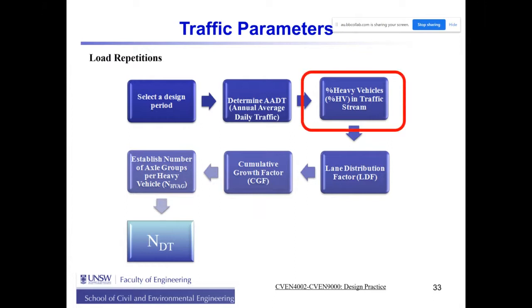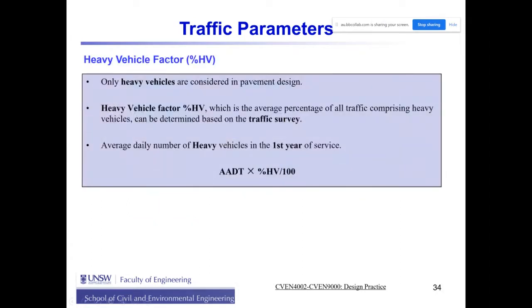After this, we need to determine the percentage of the heavy traffic. And again, this percentage of heavy traffic is coming from the survey. So from the survey, we can determine the percentage of the heavy vehicles, right? Why do we consider this one? Because in the design, we only consider the heavy vehicles.